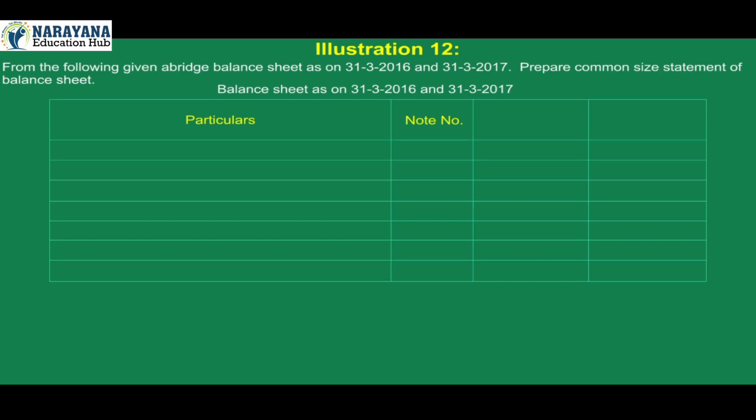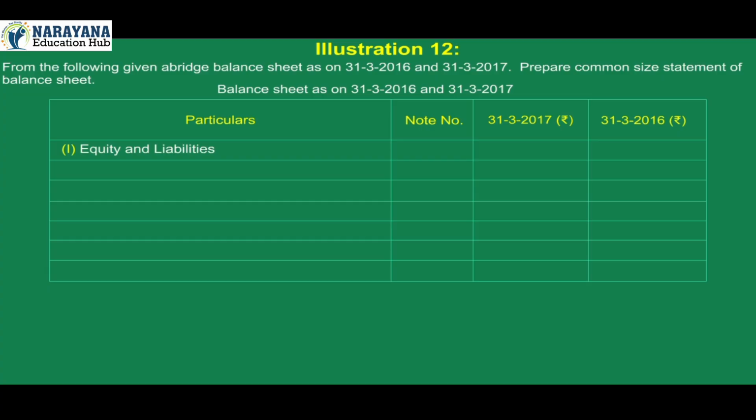Illustration 12. From the following given abridged balance sheet as on 31st March 2016 and 31st March 2017, prepare common size statement of balance sheet. Balance sheet as on 31st March 2016 and 31st March 2017. Particulars, note number, 31st March 2017, 31st March 2016. Number 1.